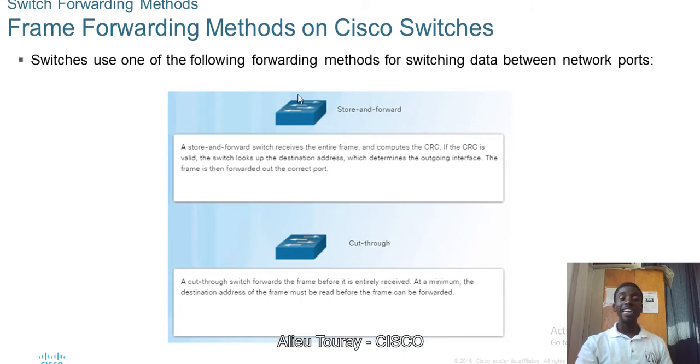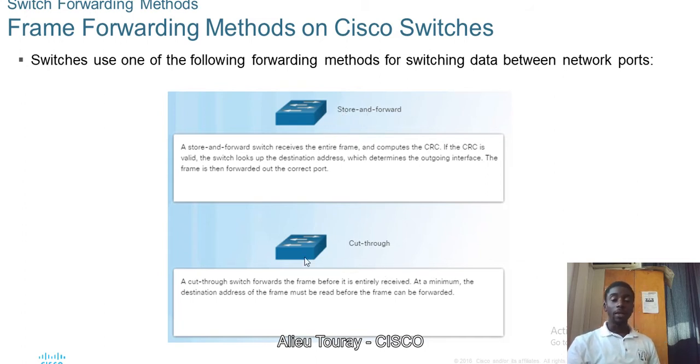It buffers the entire frame, runs the FCS, frame check sequence, to make sure that the frame is error free, and then forwards it to the destination device. It also uses CRC, the cyclic redundancy check, to see if the frames are entirely free from errors. So that's why store and forward is good, but it provides a lot of latency.